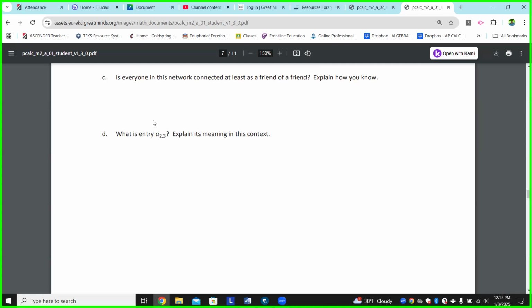On part D, what is the entry for A23? How do we read that? A23, what's that mean? Row 2, column 3. So you want to say it as row 2, column 3. So when I go to row 2, column 3, what's the value there? 0.